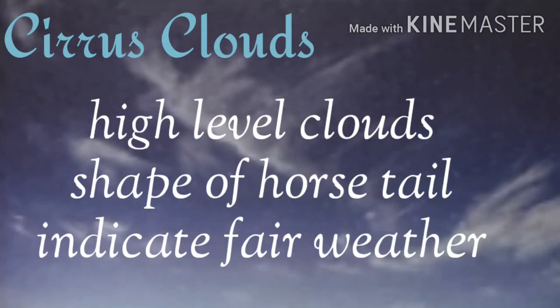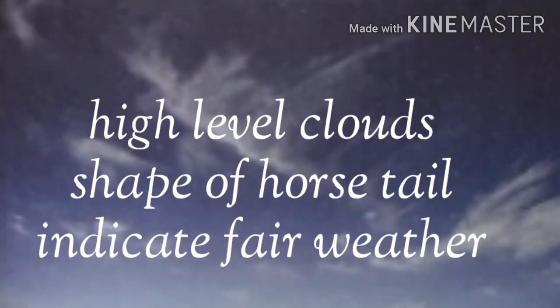They are the most common form of high-level clouds. That means they are found around 12 kilometers above the Earth's surface. They are very thin and appear like the tail of a horse. When we see cirrus clouds in the atmosphere, we can understand that they indicate fair weather.